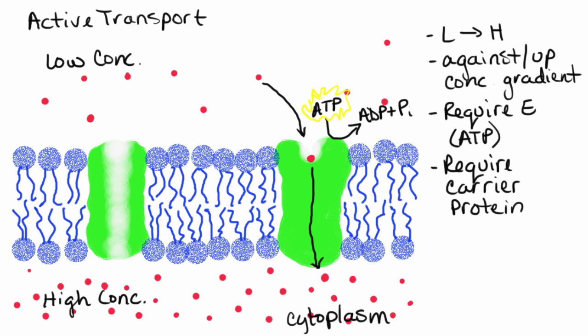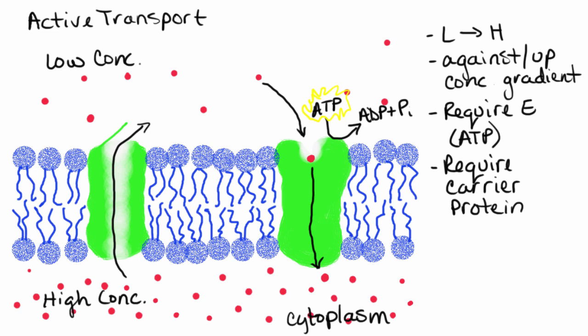Now, if we think about the carrier protein versus the channel protein, the channel protein just provides a passageway. Recall that channel proteins have gates on them a lot of times. These gates are really useful because they allow us to control whether or not something is flowing through that channel or tunnel. Now, if this tunnel was open, then just the opening of it is going to cause these molecules to want to go back this way, because everything wants to go from a high concentration to a low concentration.